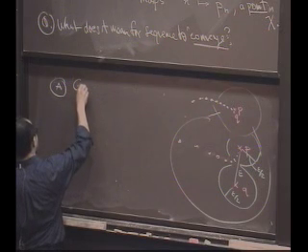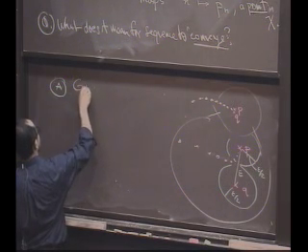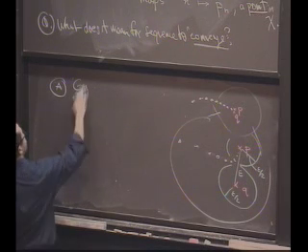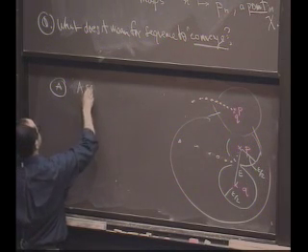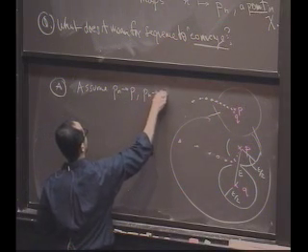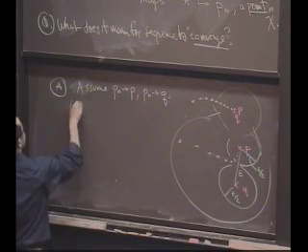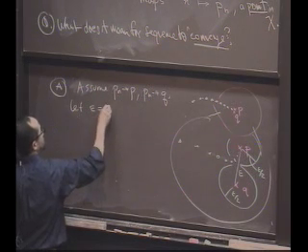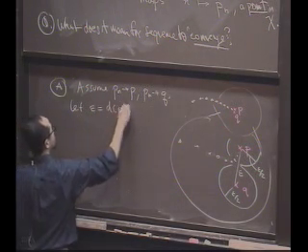We're going to apply that definition because we're assuming they converge, right? So assume Pn converges to P and Pn converges to Q. Let's let epsilon equal the distance between P and Q.